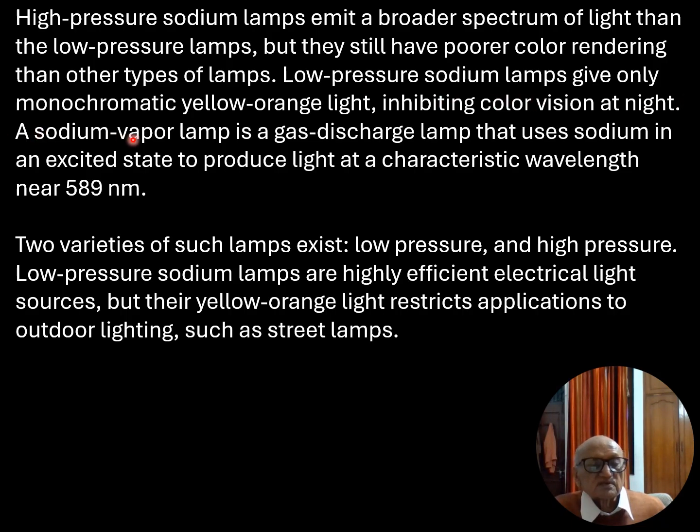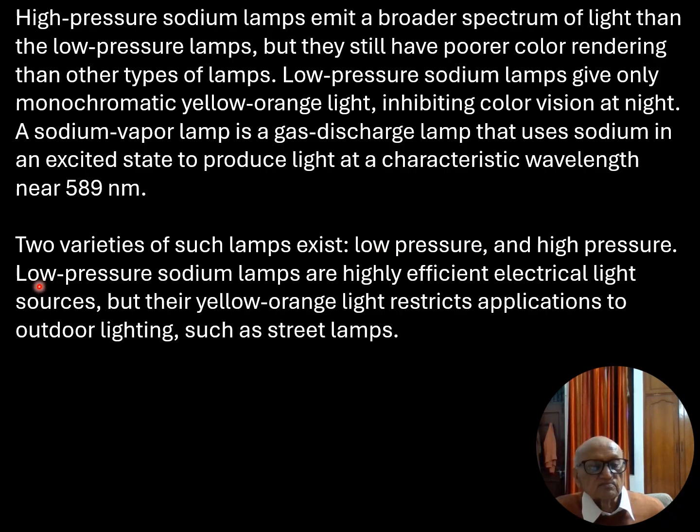A sodium vapor lamp is a gas discharge lamp that uses sodium in an excited state to produce light at a characteristic wavelength near 589 nanometers. Two varieties of such lamps exist, as discussed earlier, low pressure and high pressure.